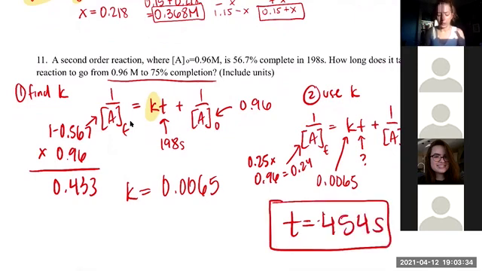Okay. Any questions on that one? So the first part was use the integrated rate law to find K at these certain conditions where 56% of it is gone, and then use the K you just found to input it and solve for time.